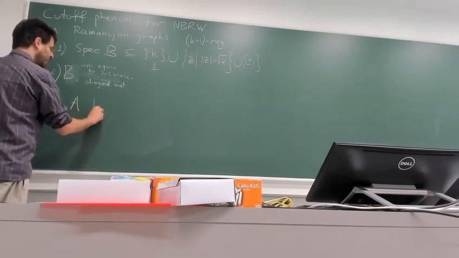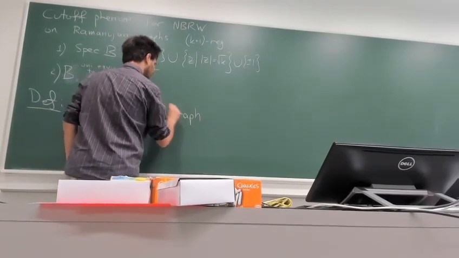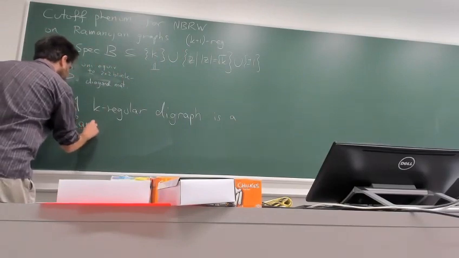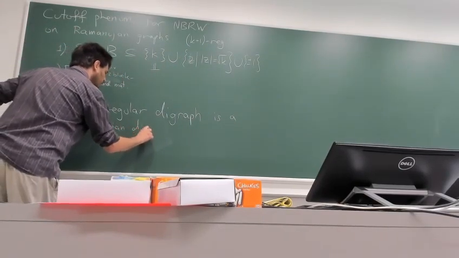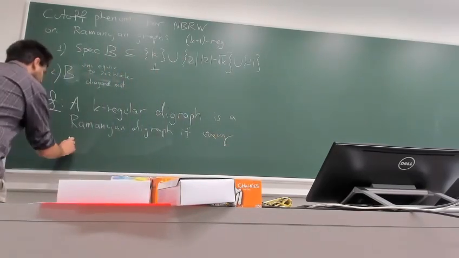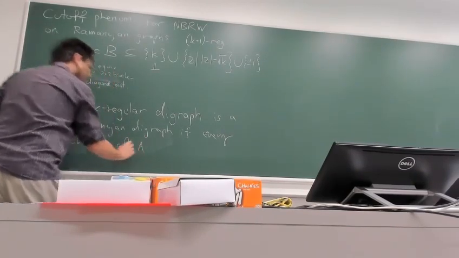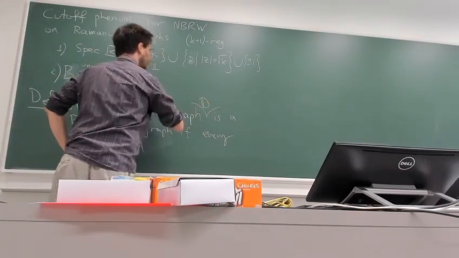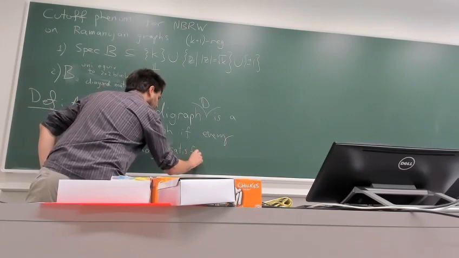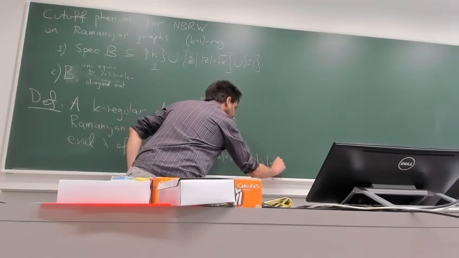A k-regular directed graph, which we call a digraph, is a Ramanujan digraph if every eigenvalue lambda of the adjacency operator of D satisfies that its absolute value is either k or bounded by the square root of k.